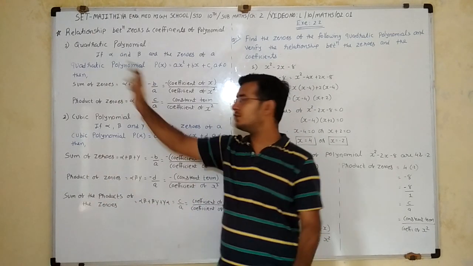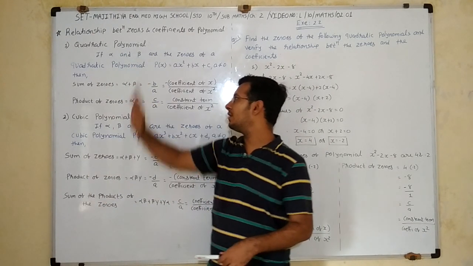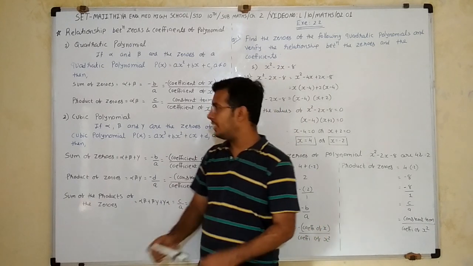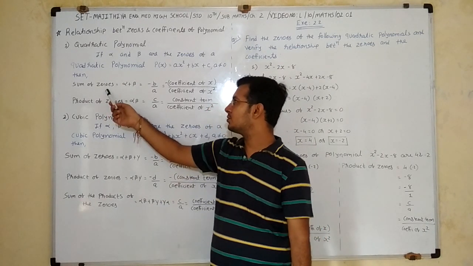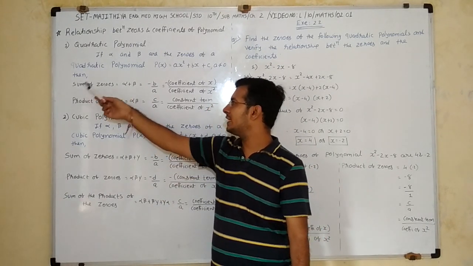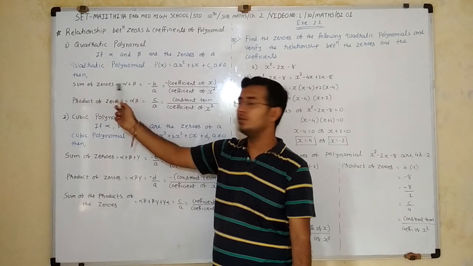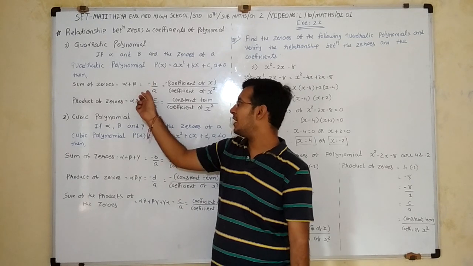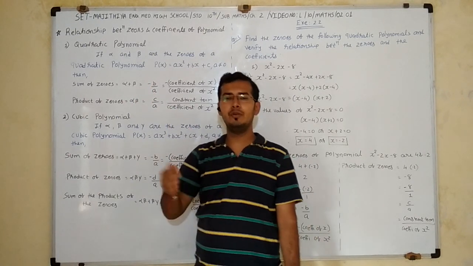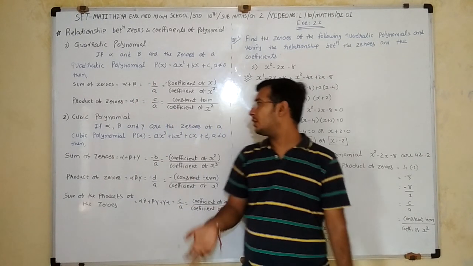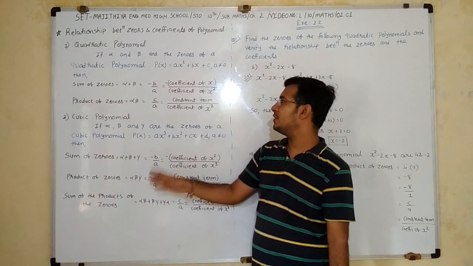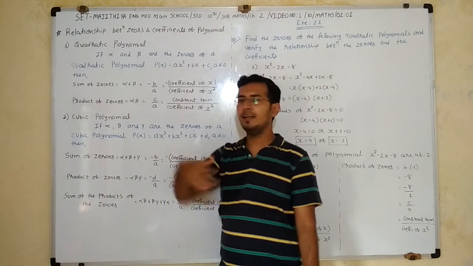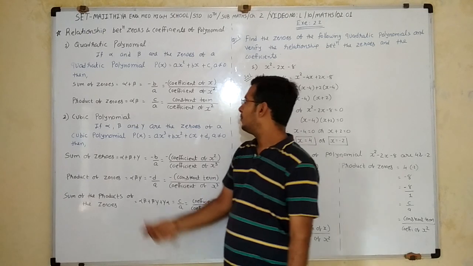And here we just assume that there are 2 zeros, alpha and beta. Okay, so first, the sum of zeros, that is alpha plus beta. Sum means addition of zeros. There is one formula: minus b by a. If you don't know how to factorize the terms of a polynomial, then using this formula you can find the zeros of the polynomial.